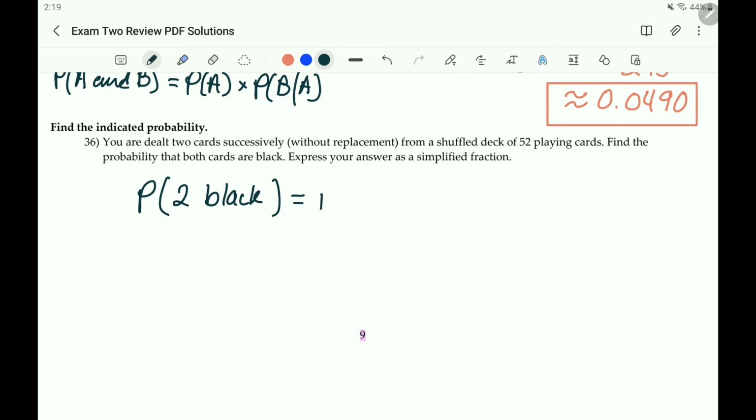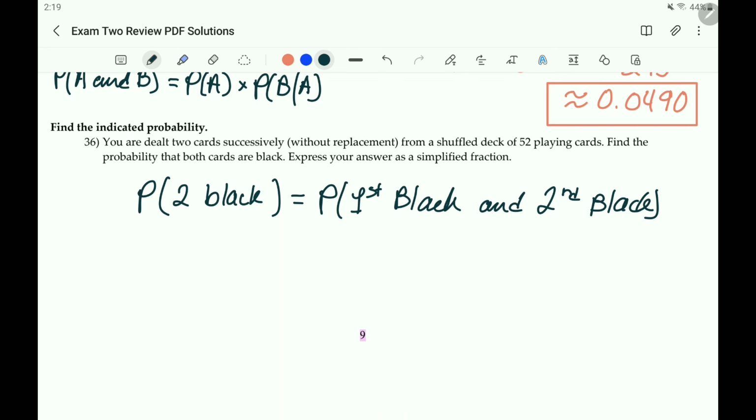That equals the probability of the first one being black and the second one being black. And it says, once again, without replacement. So that means when you select a card, you do not put it back into your deck.